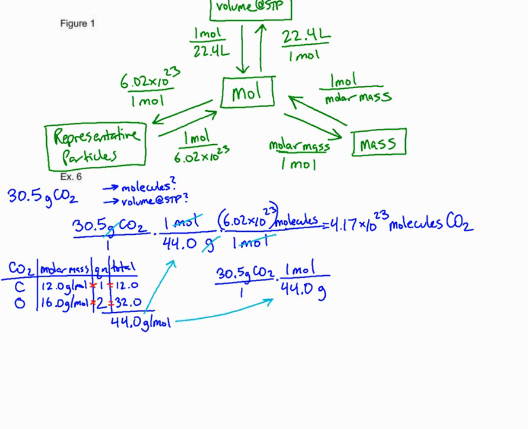So we're looking for volume at STP. We're going to follow this arrow, which tells us to use the conversion 22.4 liters over 1 mole. And so we go back and look, grams cancels, moles cancels, and we're left with units of liters, which is the appropriate unit for volume.